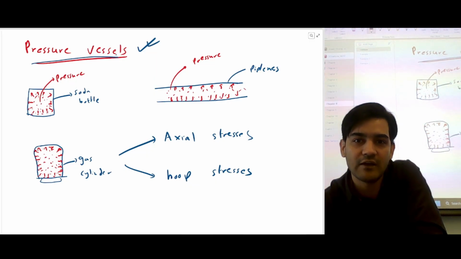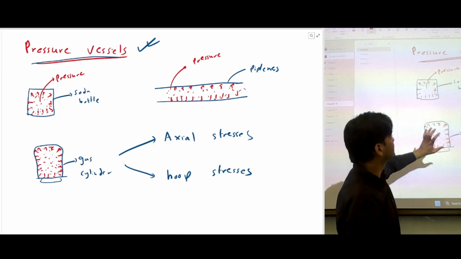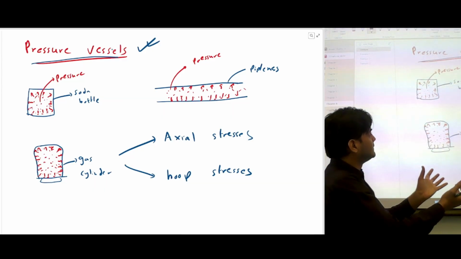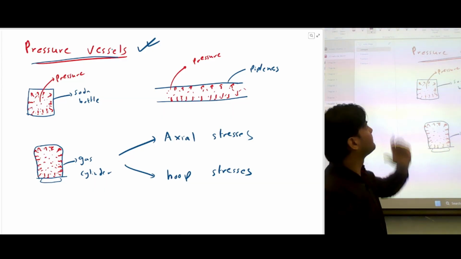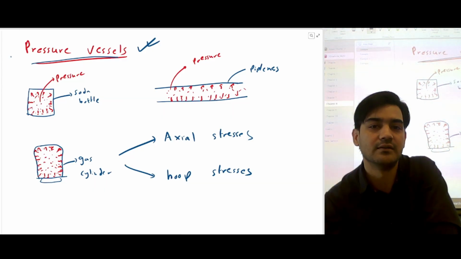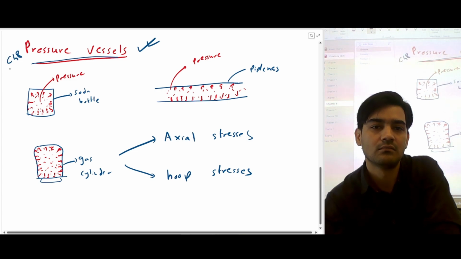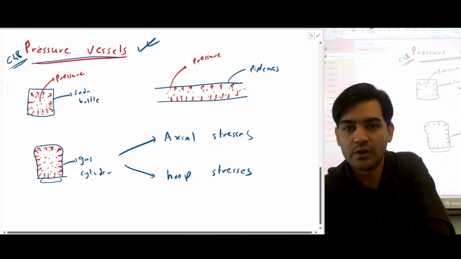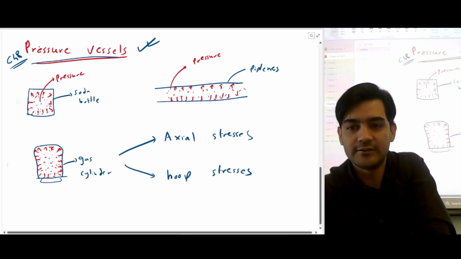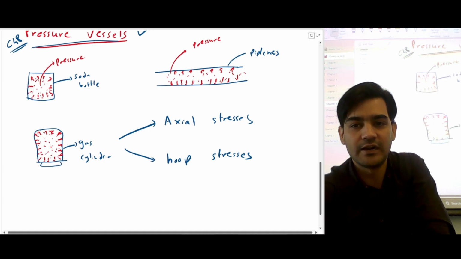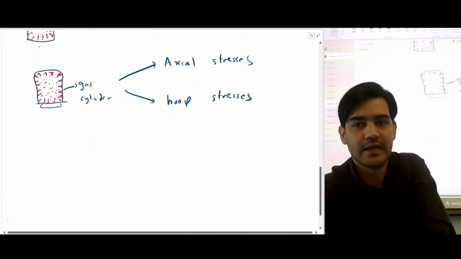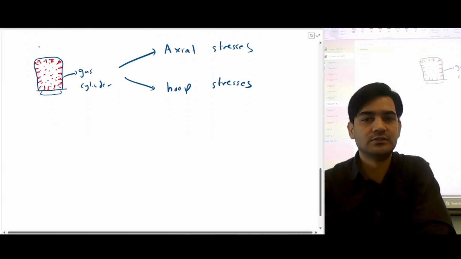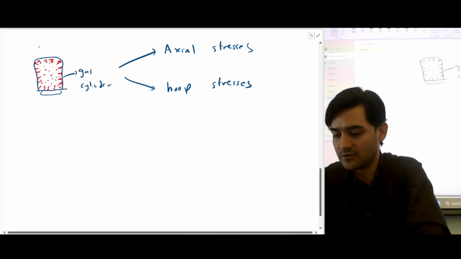Whenever you have a pressurized gas inside a container, this situation is called a pressure vessel, which is our chapter 8. What we're gonna do is develop the equations for axial stresses and hoop stresses, and use those equations to solve our problems of pressure vessels.